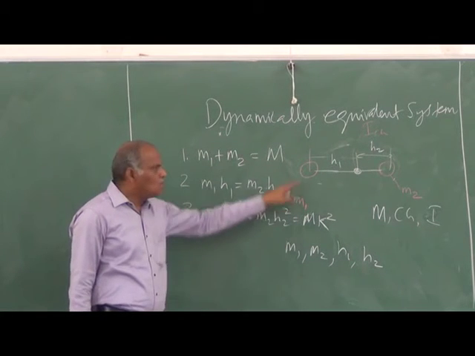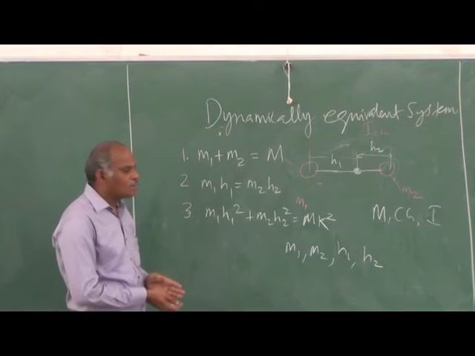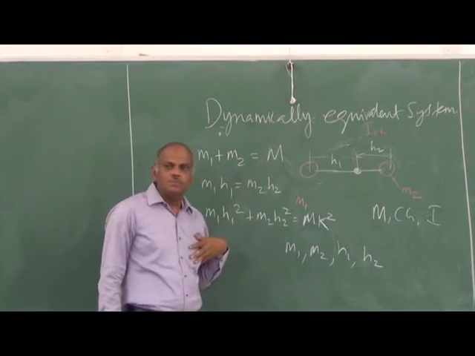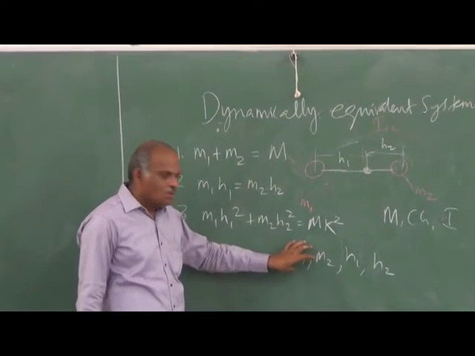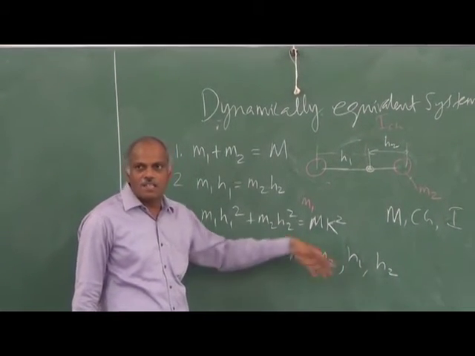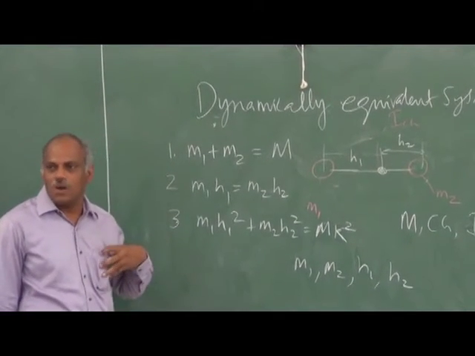So to start your dynamically equivalent system, we need to assume any one of these. If you assume any one of these, the rest three parameters can be obtained. That is how you can model.